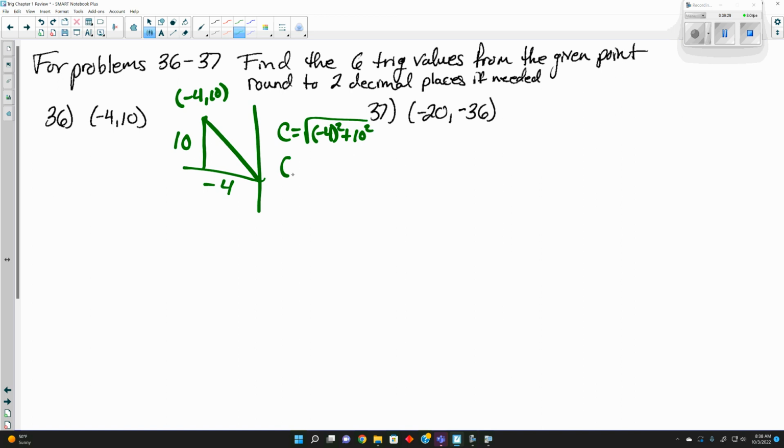Which actually comes out to be the square root of 116, because 4 squared is 16 plus 10 squared is 100. That simplifies to 2 square root of 29. So the hypotenuse is 2 square root of 29.